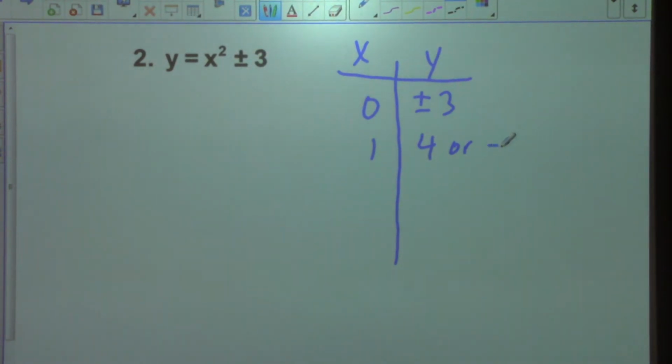Negative 2. If we plug in 2, we would get 7, because that'd be 4 plus 3. And what's 4 minus 3? Or 1.